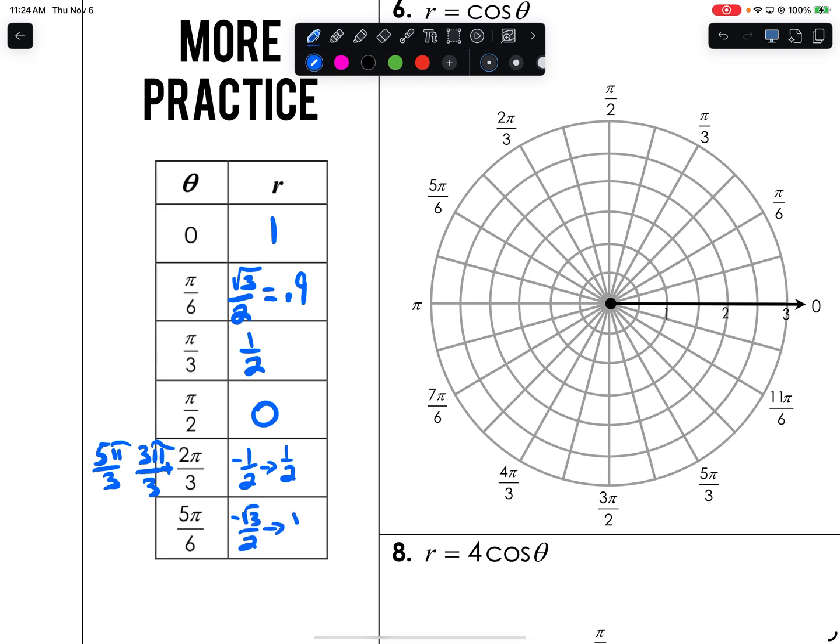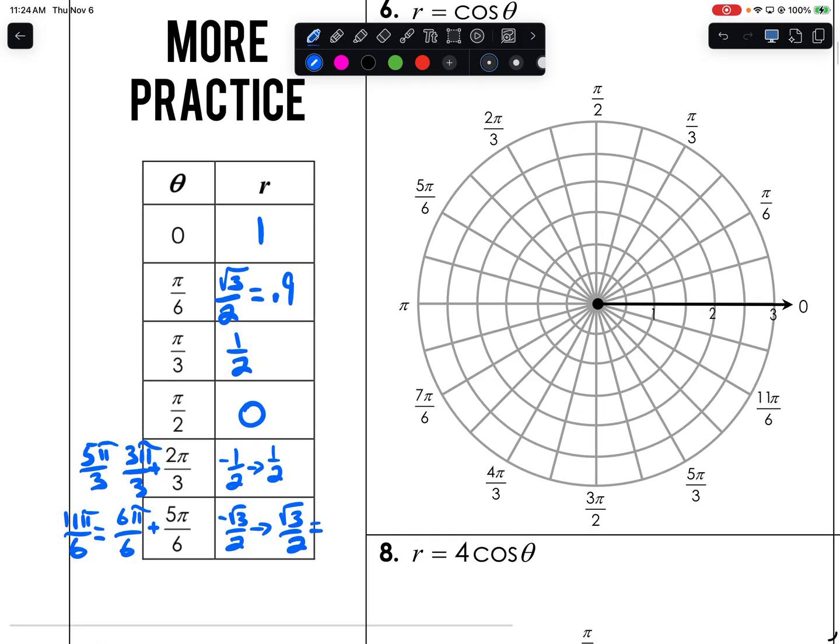I make it positive root 3 over 2. And I add the equivalent of pi, which is 6 pi over 6. That gives me 11 pi over 6. Then remember, root 3 over 2 is 0.9. 1/2 is 0.5. That makes it easier to graph it. We just have the decimals.